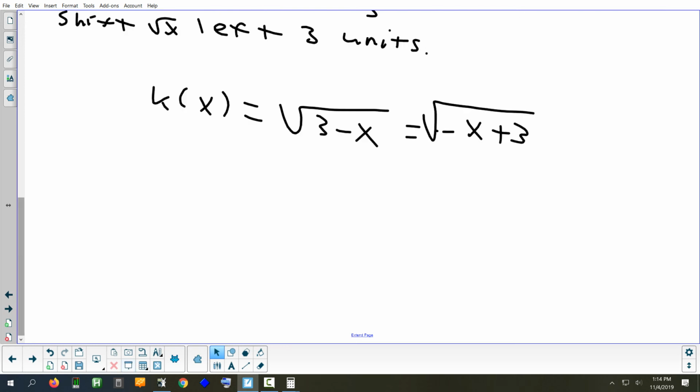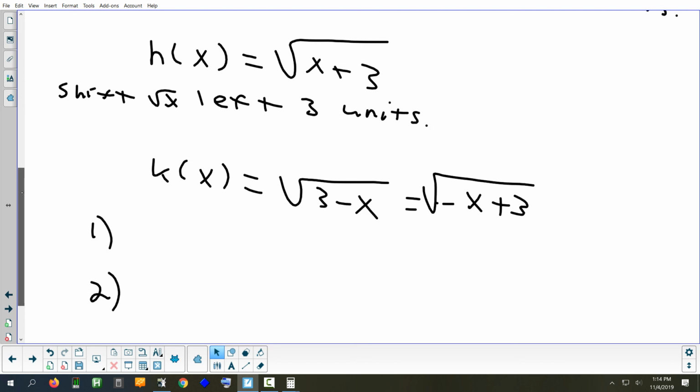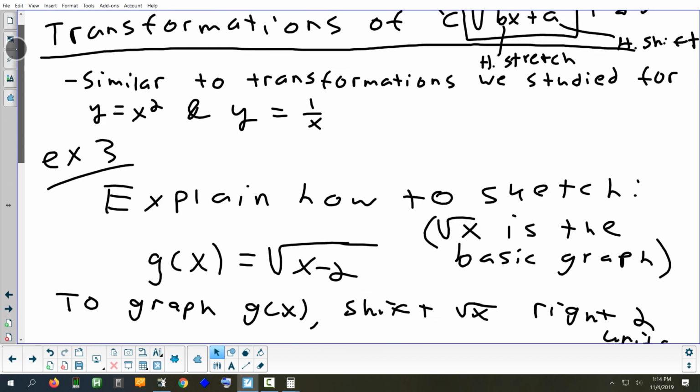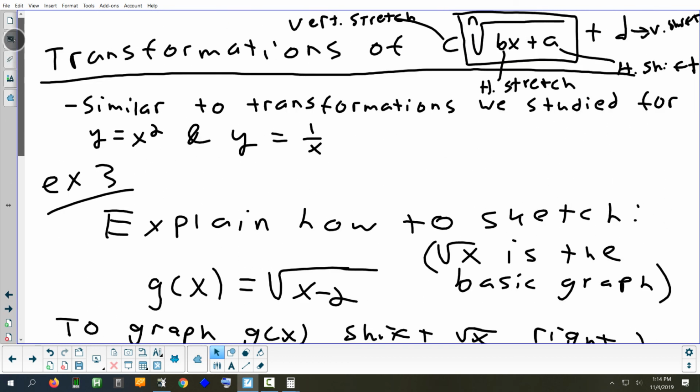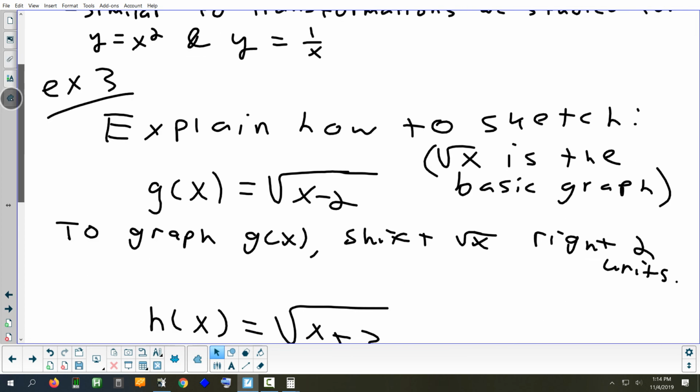Now, how many things are happening here? 2. What's the first thing you would do? Well, that negative is in the spot where b is. So b comes after doing a. Oh, so we got to do a first.